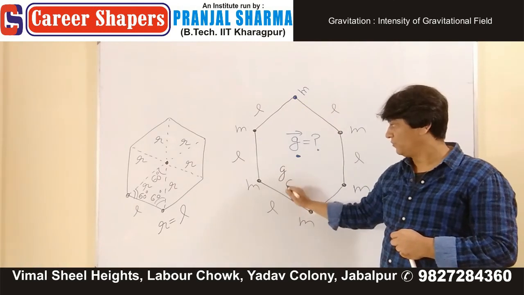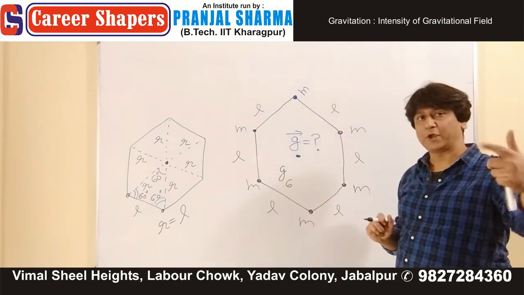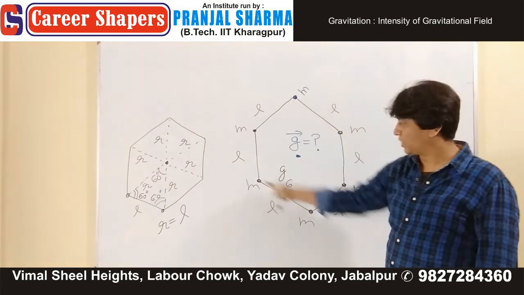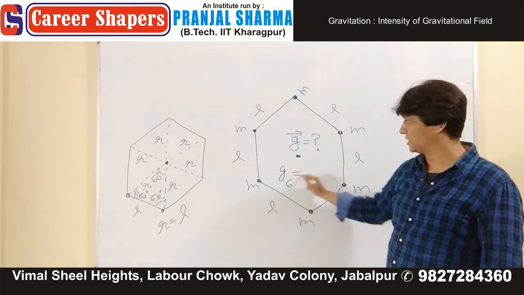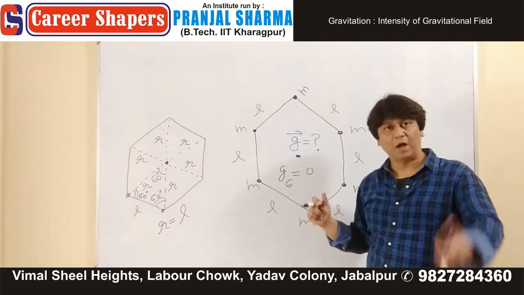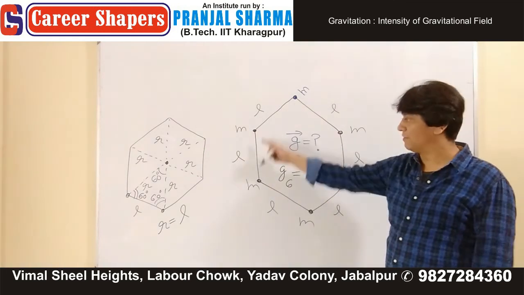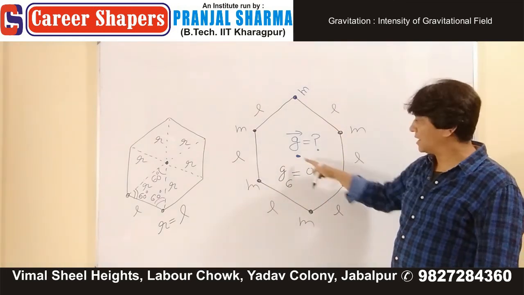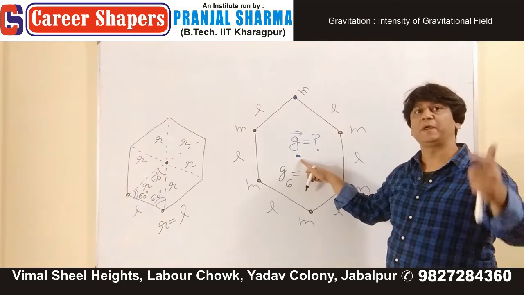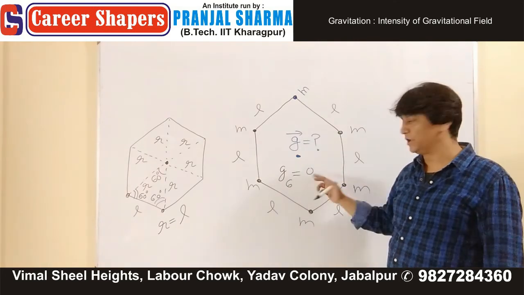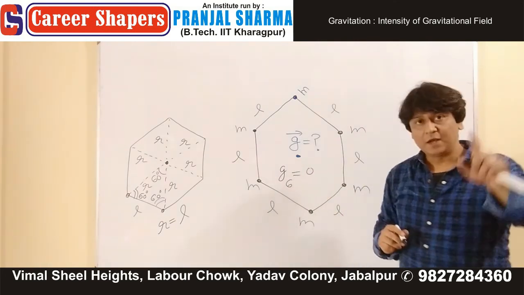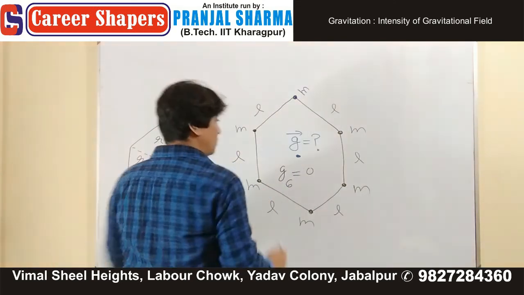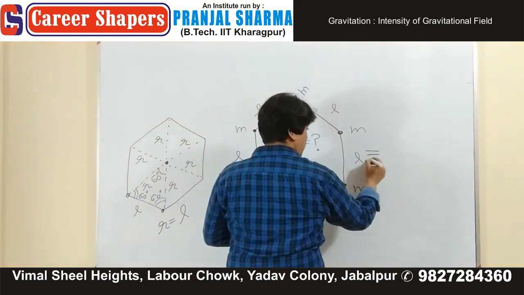G of all 6, just so that you can understand, 1, 2, 3, 4, 5, 6, G of all 6 will be 0. Why? I told you that if you have a regular structure, then at the center force will be 0. If force is 0, gravity is also what? 0. इसका मतलब क्या हुआ? इसका मतलब ये हुआ कि जो सिस्टम है ये इसकी इक्विवेलेंट है.